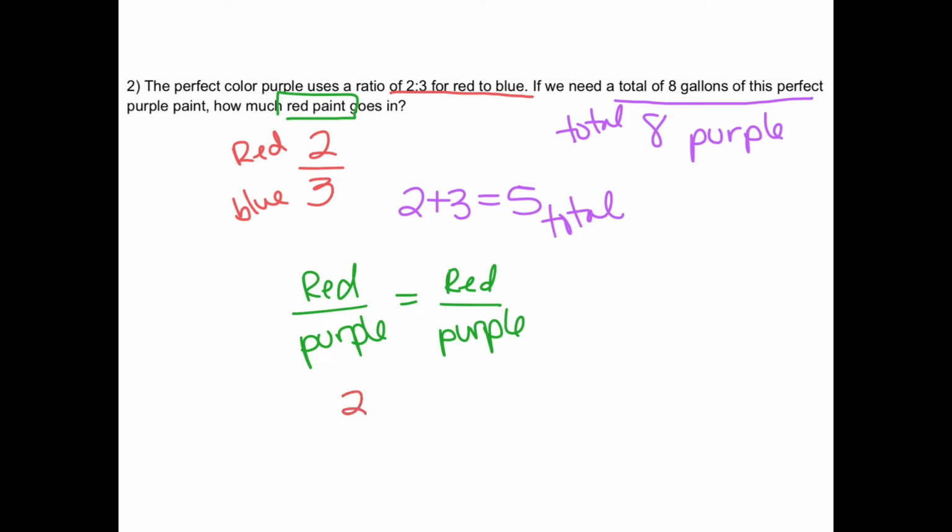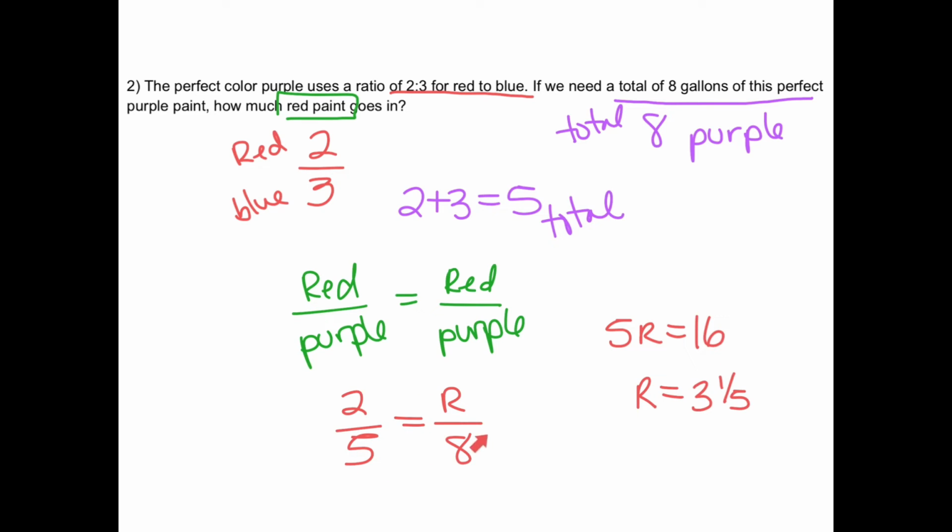So this will look like 2 to 5 equals R/8. So I'm putting the 2 with the 5 because the 2 comes from this 2 to 3 relationship that gives me the 5 total. So if I have 2 parts red, that will give me 5 parts of the purple. How much red will I need in order to get 8 gallons of this perfect purple paint? So we're going to cross multiply and solve this.